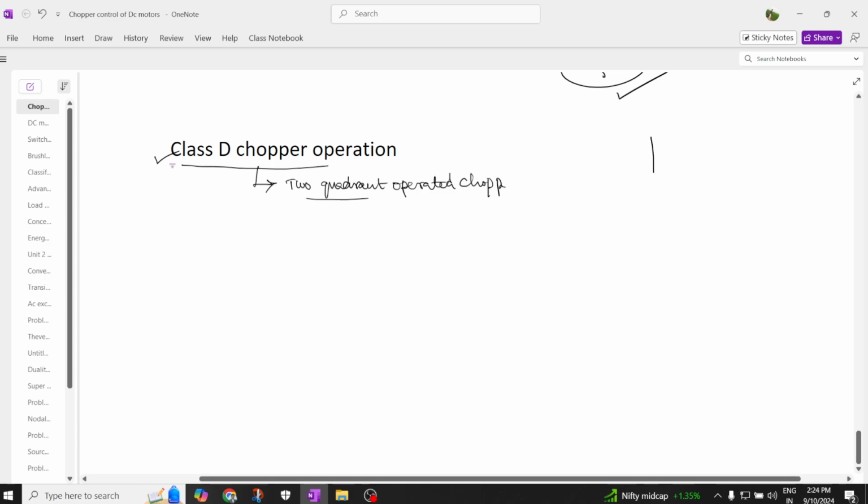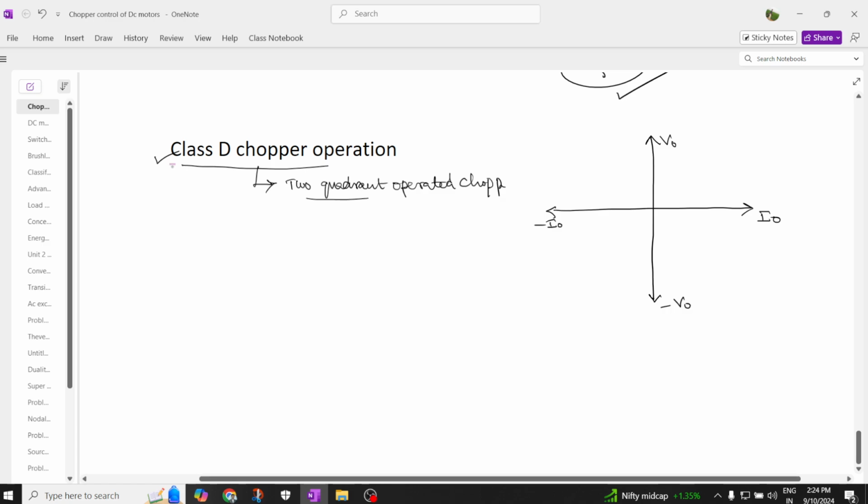When you draw the axes, this is I naught, this is minus I naught, this is V naught, this is minus V naught.